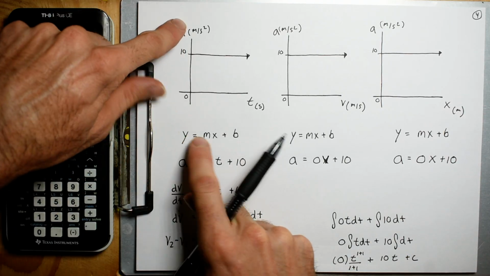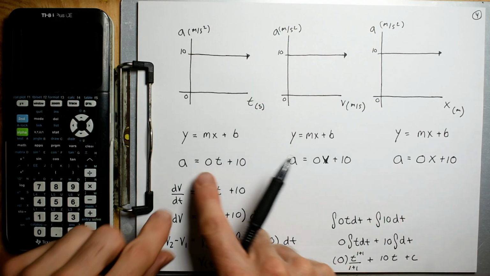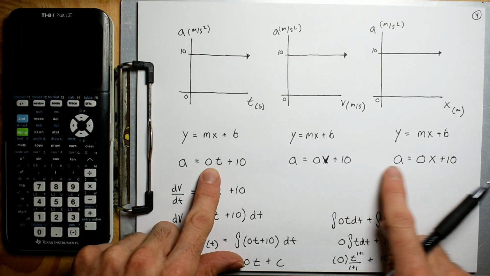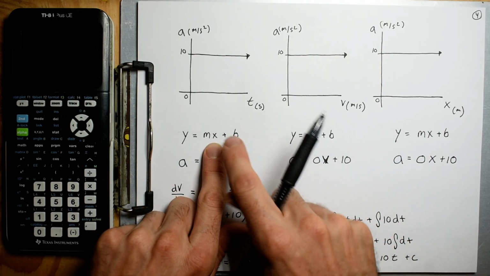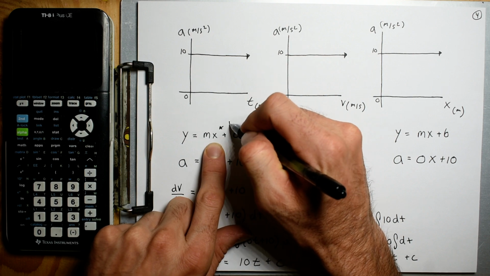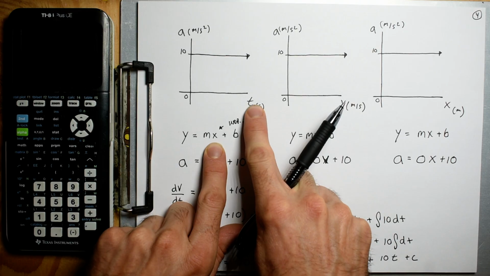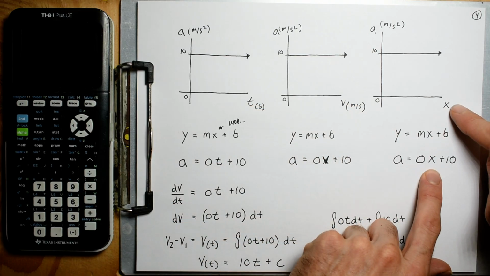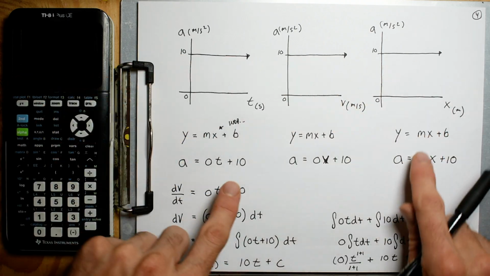The y is a in all cases, that's our acceleration. The slope is just the slope of the line, and that's going to be 0 for all three. This is our independent variable, so this is going to be t, this is going to be v, and this is going to be x. And then b is the y-intercept at 10.